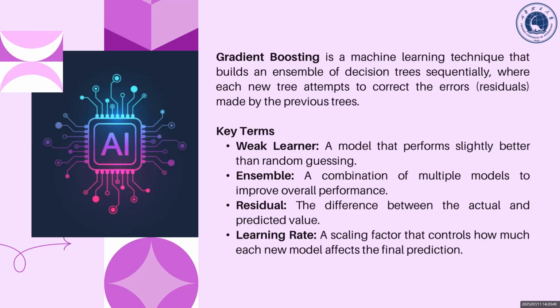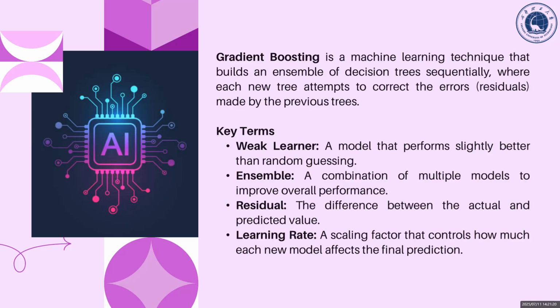Key terms: weak learner. A weak learner is a model that performs slightly better than random guessing. The term ensemble simply means a combination of multiple models to improve overall performance. And this is basically the technique behind XGBoost.